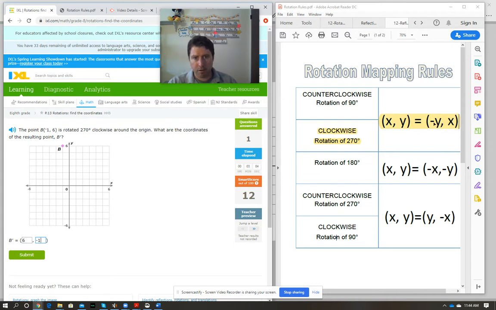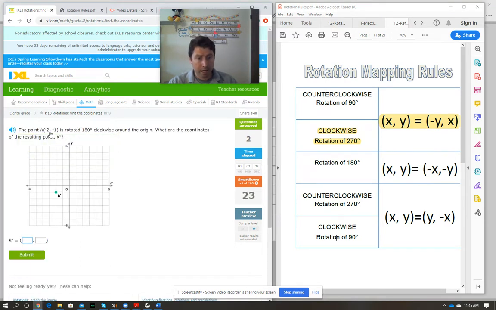There's a negative there, which means the opposite of. So what's the opposite of 6? Well, it's -6. And this makes sense because if we went 270 degrees clockwise, this is 90 degrees, this is 180, this is 270. I would end up in the third quadrant. And if you remember the third quadrant, both of my points are negative.